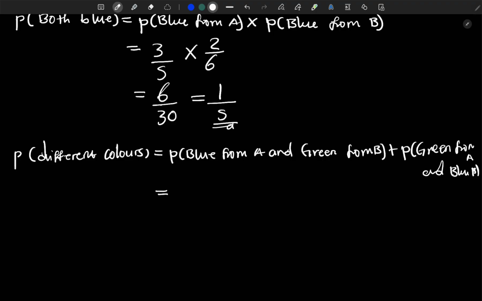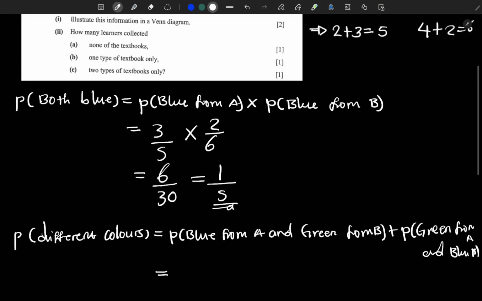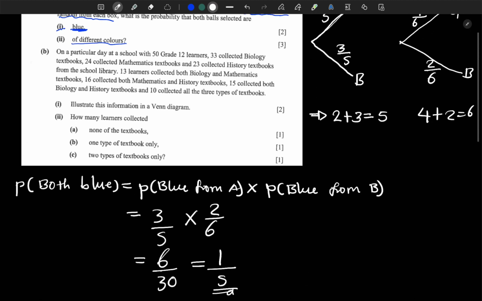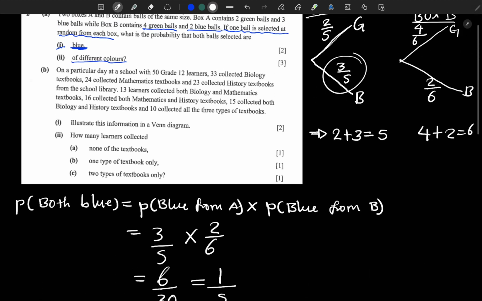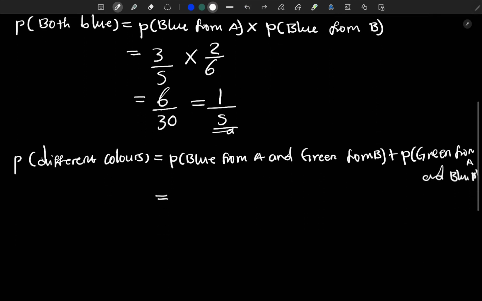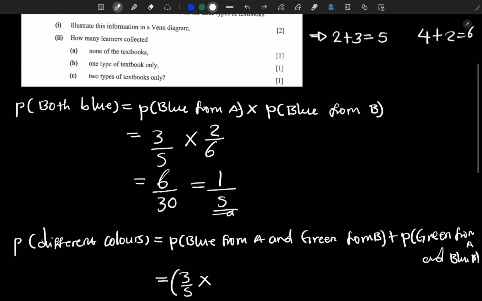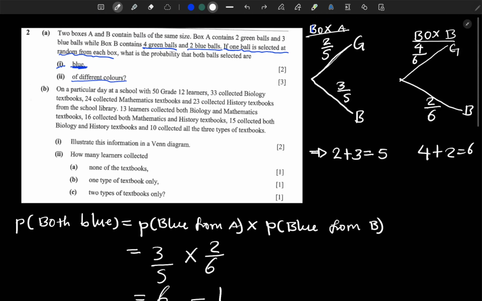So we can now go back to our tree diagram. Blue from A is 3 over 5, so we put our 3 over 5 times green from B. What is our green from B? Green from B is 4 over 6.